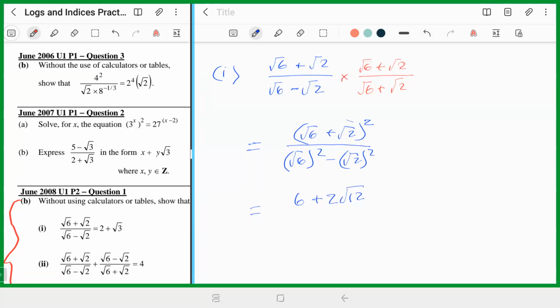And then I square the last term, I get plus 2. That's the first term squared, twice the product of the 2, second term squared. Then under here, root 6 squared is 6 minus root 2 squared is 2.